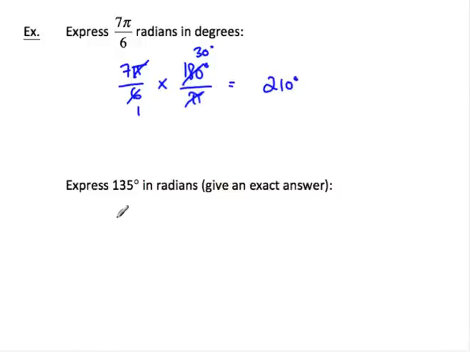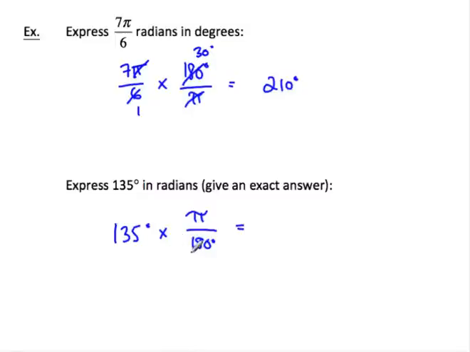Going in the opposite direction, we can ask, how do we express 135 degrees in radians? Now we have 135 degrees, and this time, because we want our answer to be in radians, radians will be in the numerator of our conversion factor. Again, though, we're using pi over 180, whereas before we used 180 over pi. Each of these is equivalent to 1, because we're getting halfway around the circle. Going pi radians, or 180 degrees, is the same thing. So in this case now we're going to, again, put in lowest terms.